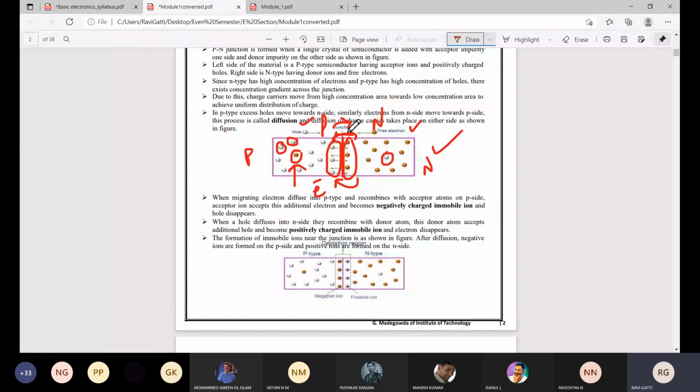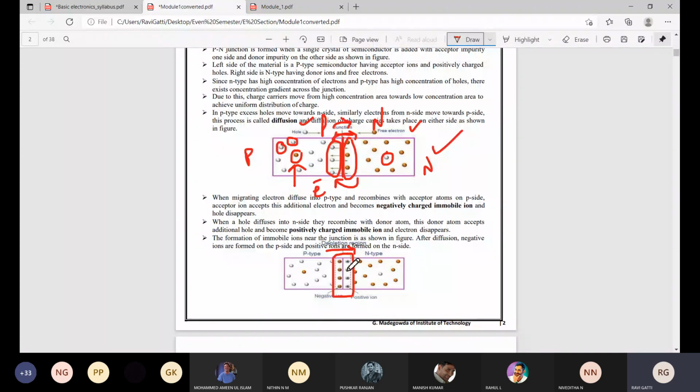So there will be an accumulation of positively charged ions and negatively charged ions, and those combinations will create some type of channel. Because of the positive holes and the negative electrons, they come over and are attracted towards this.